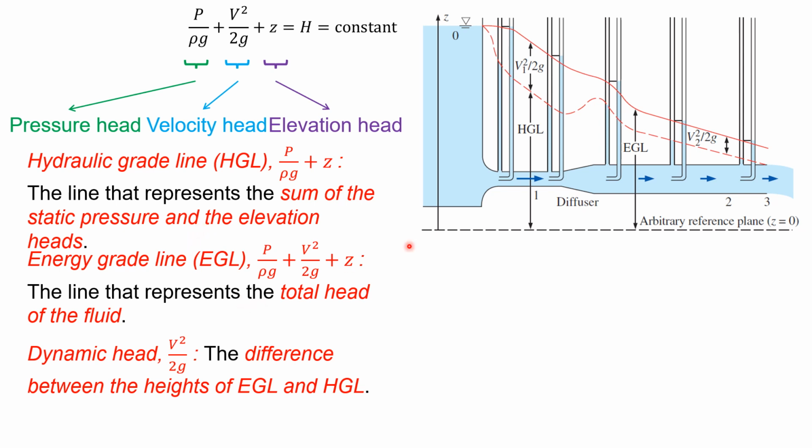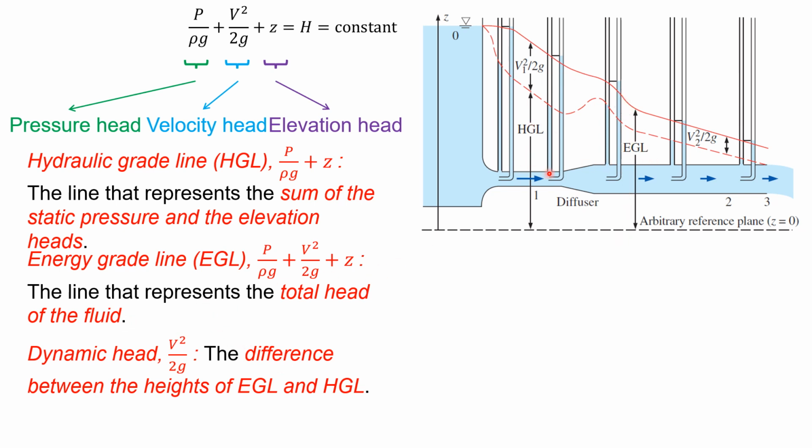So you can estimate. From here to here is HGL, and from the reference plane to the top, how do you get it? You take the total head. So all these three you add, and you will get your EGL.